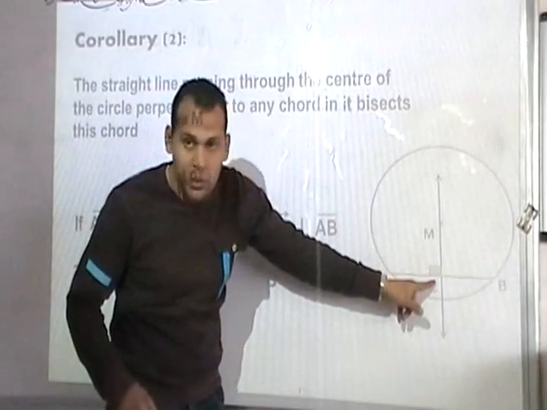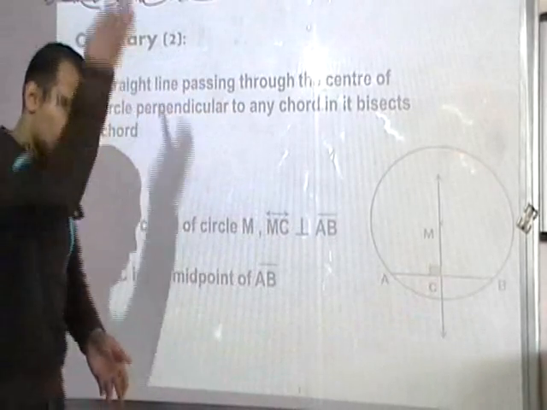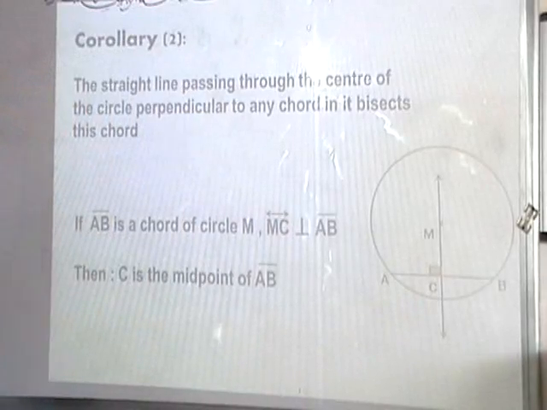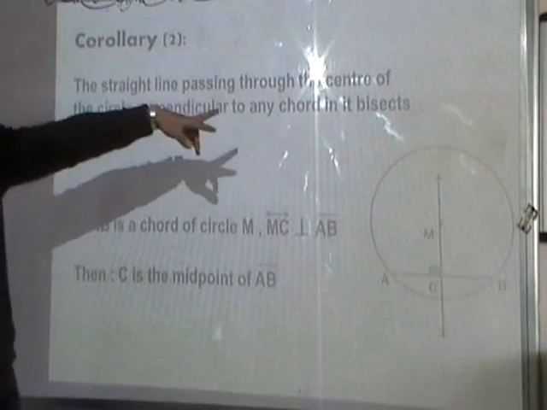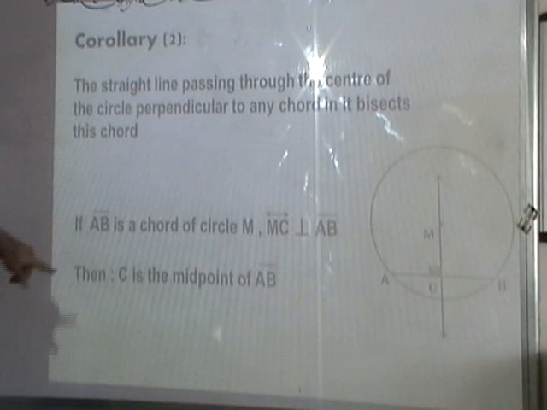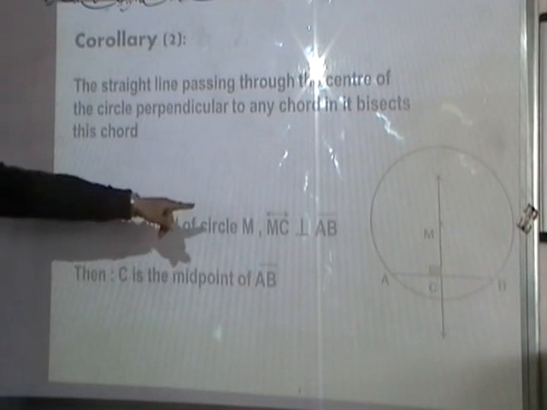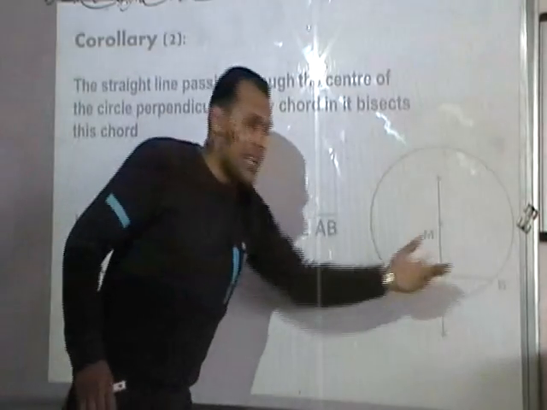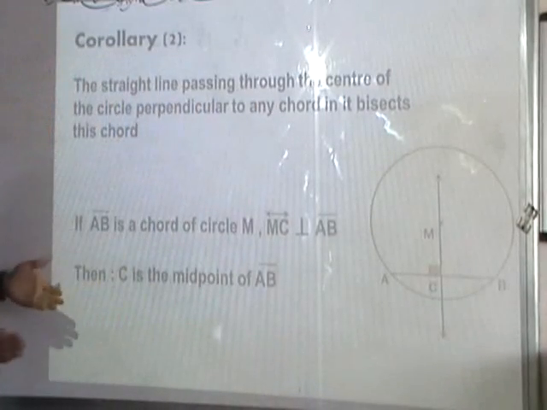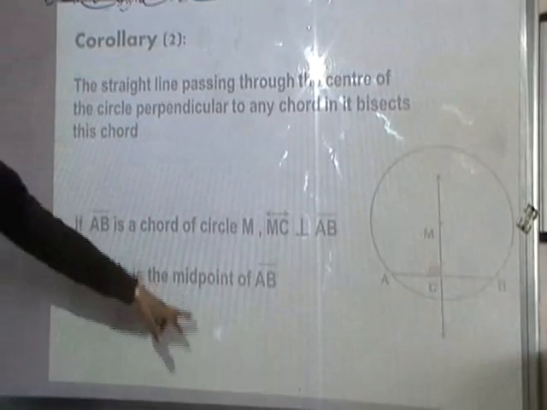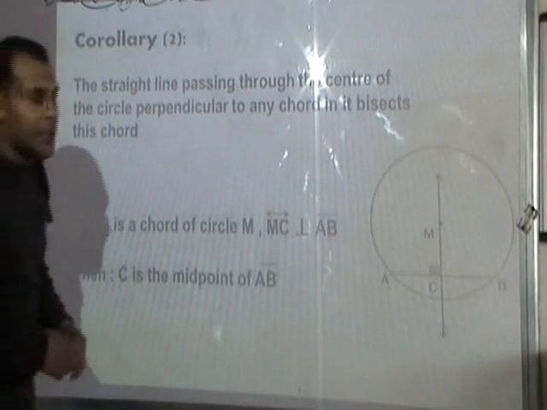So it's perpendicular to the chord. What will you deduce? It divides this chord into 2 equal parts, so it bisects this chord. So the given is that AB is a chord of the circle M, and MC perpendicular to AB. What will you deduce? You will deduce that C is the midpoint of AB.